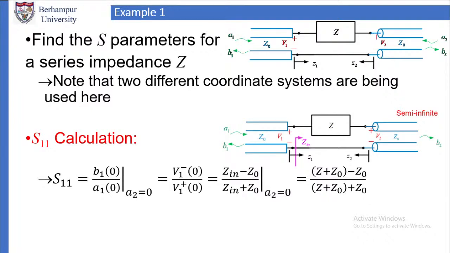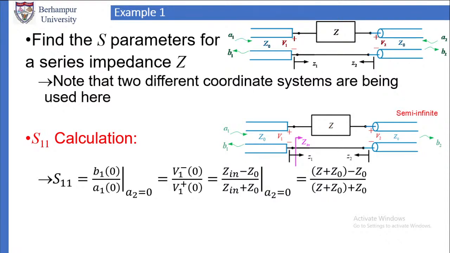Now V1 minus by V1 plus is the reflection coefficient at the port 1. So as you know, the expression for reflection coefficient gamma is Zin minus Z0 by Zin plus Z0. So V1 minus by V1 plus will be equal to Zin minus Z0 by Zin plus Z0 at A2 equal to 0. Now what will be Zin?